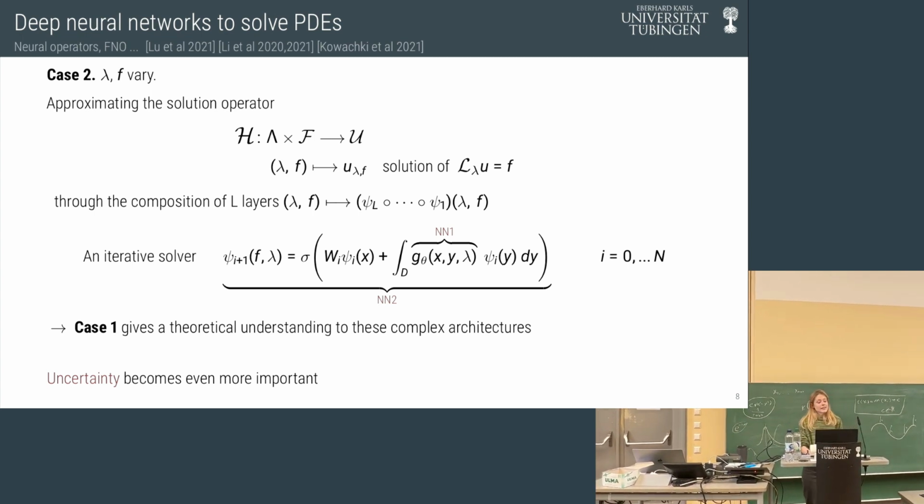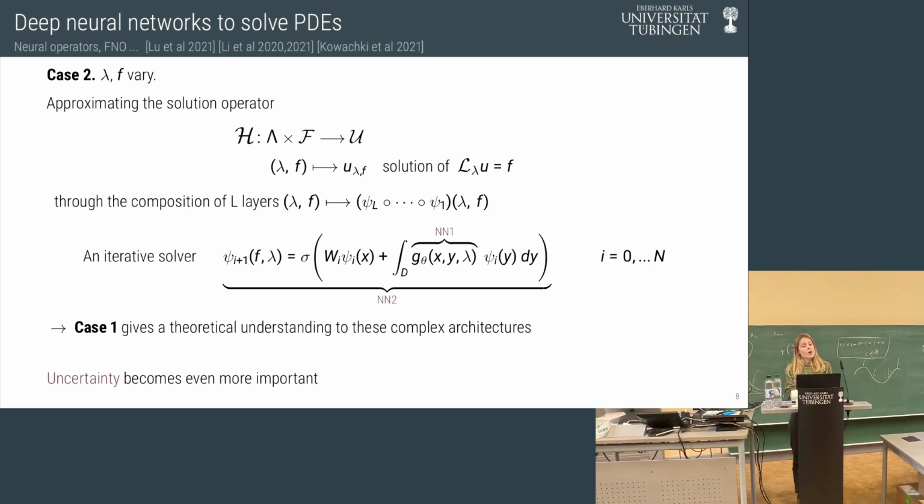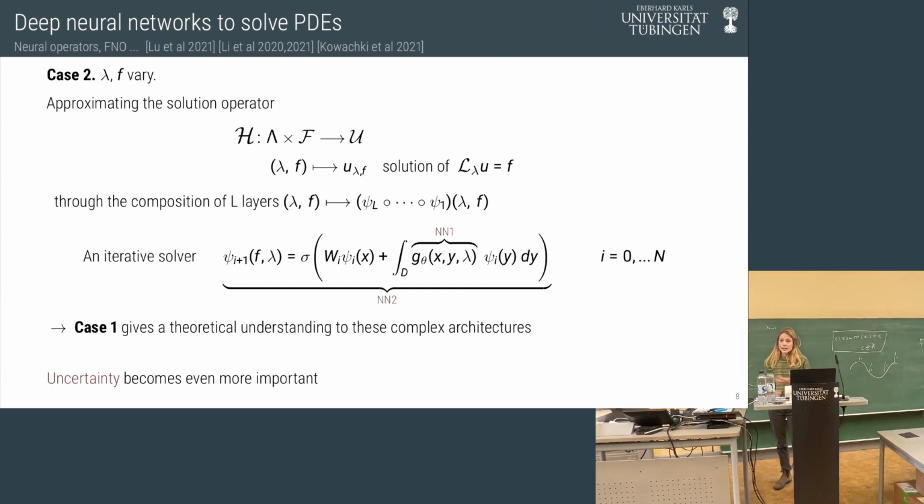And in these deep neural networks, uncertainty becomes even more important. In general, PDEs that describe dynamical systems can have very subtle or complicated behavior that is very difficult to spot by human eyes. So these models are meant to solve very complex dynamical systems and PDEs, and they are highly nonlinear.